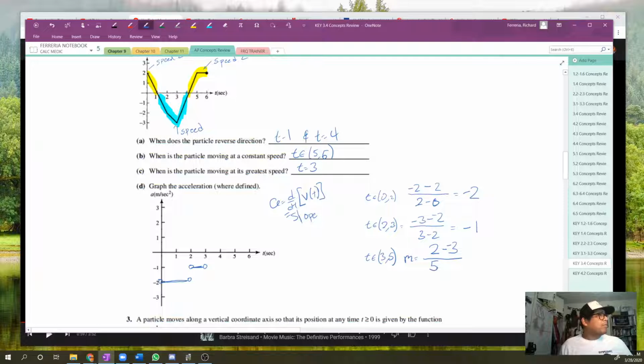So 2 minus negative 3 is 5, and 5 minus 3 is 2, so that's a positive 2.5 from t equals 3 to t equals 5. And then from 5 to 6, you can see the velocity graph is horizontal, which means it has a slope of 0. Okay.